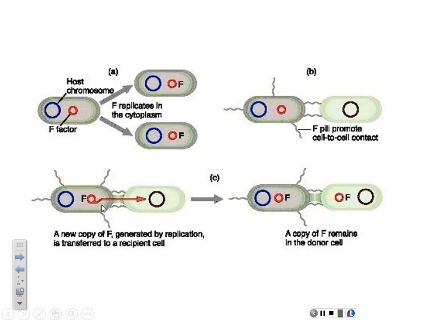The picture kind of says it all here. There's two ways you can get cells with F pili. You can take an existing cell with an F factor and replicate its chromosome and its plasmid the old-fashioned way, and where you had one cell, you get two. Here's the other way. It's the conjugational way. Here, those squiggly things are F pili.